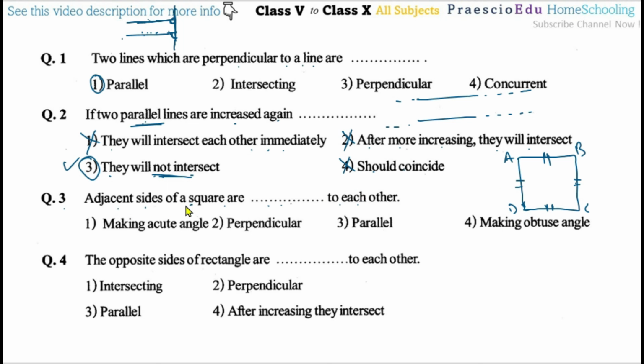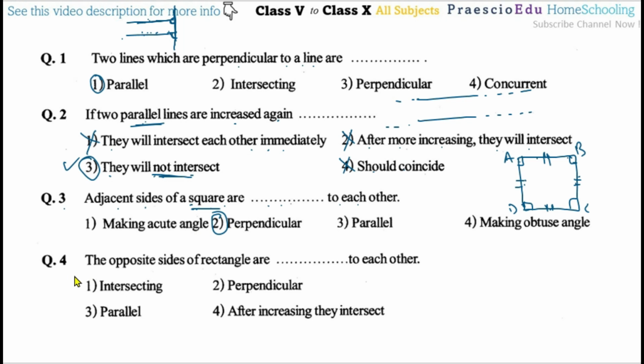Square means all the sides are equal length and each angle is 90 degrees. So adjacent sides are perpendicular to each other: this line is perpendicular to this one, and so on. All are perpendicular, so option number 2 is the correct one.